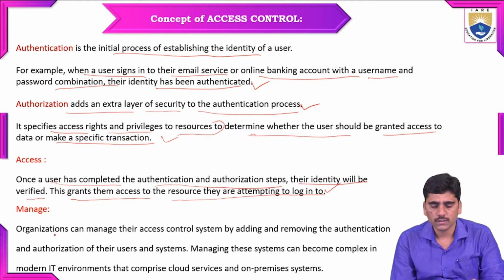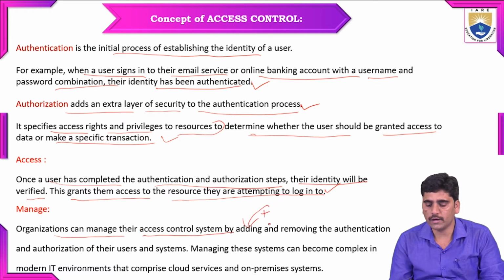And manage. Organizations can manage their access control system by adding and removing the authentication and authorization of their users and systems. So they can manage all the users and the access control mechanism for particular users and particular systems.